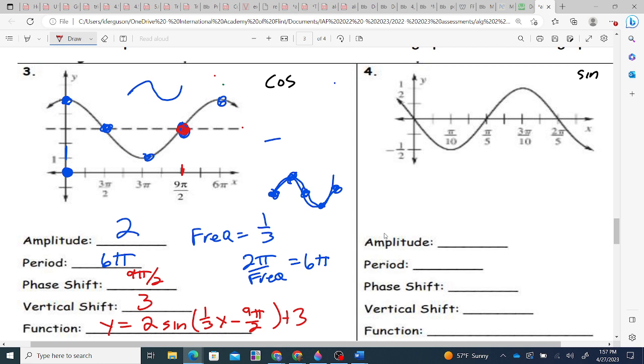Okay. Sine looks like that. It's a weird looking Z. Cosine goes like that. It's like a weird U. It starts high, goes to 0, hits low, goes back to 0, then ends high.